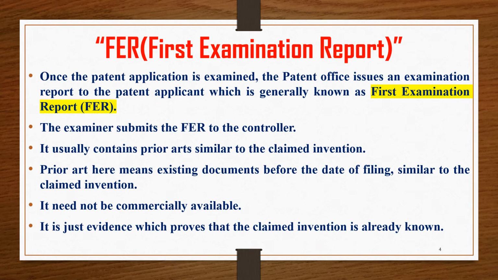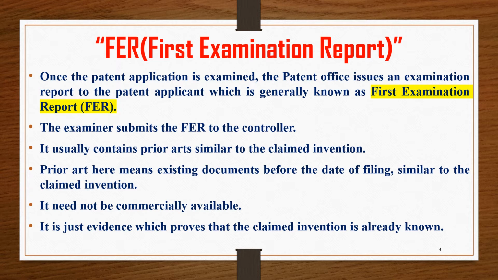Today we will discuss FER, that is First Examination Report. Okay. So let us proceed. Once the patent application is examined, the patent office issues an examination report to the patent applicant, which is generally known as First Examination Report or FER. Okay.